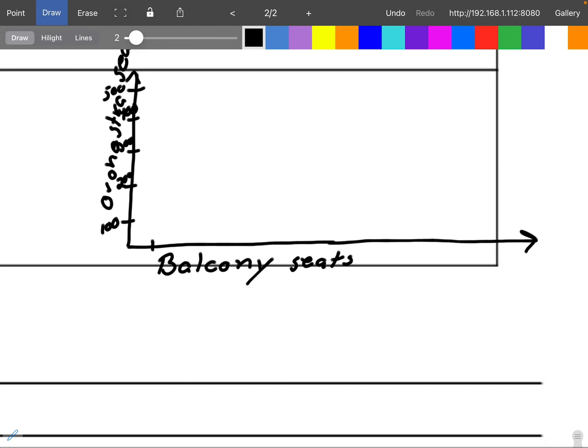I'm going to have 100, 200, and I'm just going to put 1, 2, and 3 because I don't have a lot of room here. 300, 400, 500, 600, 700, 800, 900. That would be 1,000, 1,100, 1,200, and hopefully that's far enough. If not, I can extend it some more.